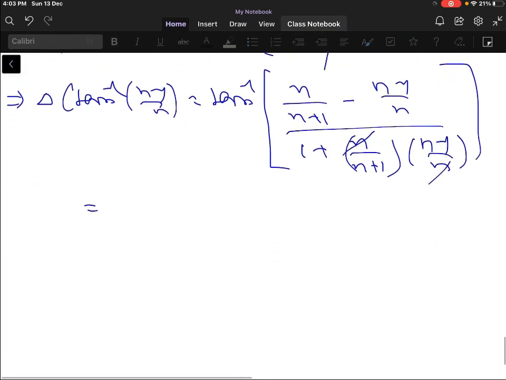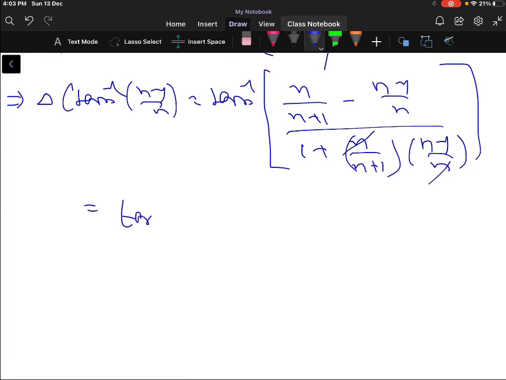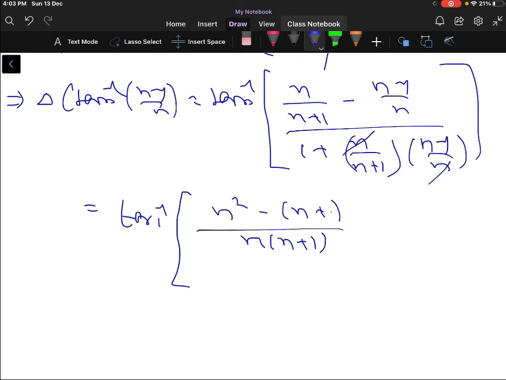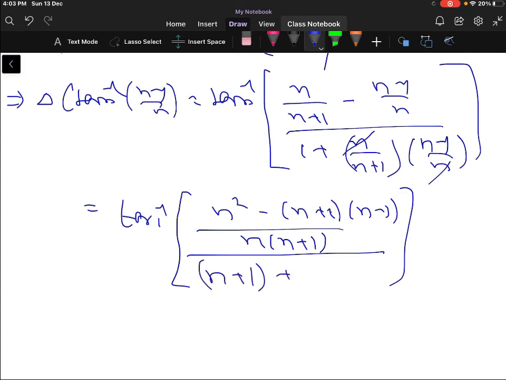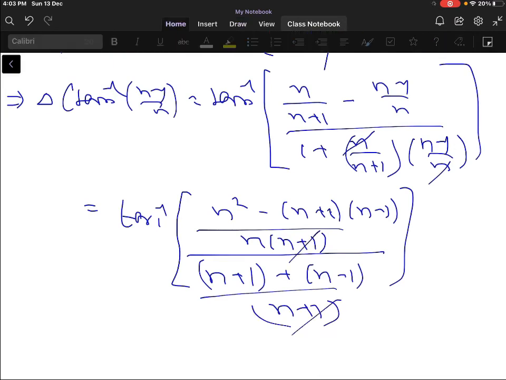So this is equal to tan inverse of, take the LCM here. n into n plus 1 is the LCM in the numerator, so that is n square minus n plus 1 into n minus 1, divided by, take the LCM, n plus 1 is the LCM here, so n plus 1 plus n minus 1 by n plus 1, so n plus 1 gets cancelled here.